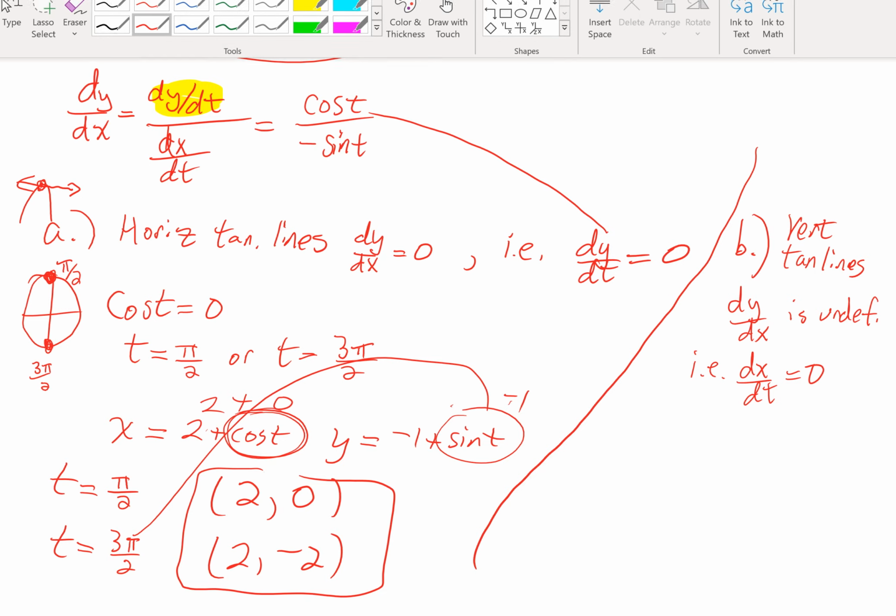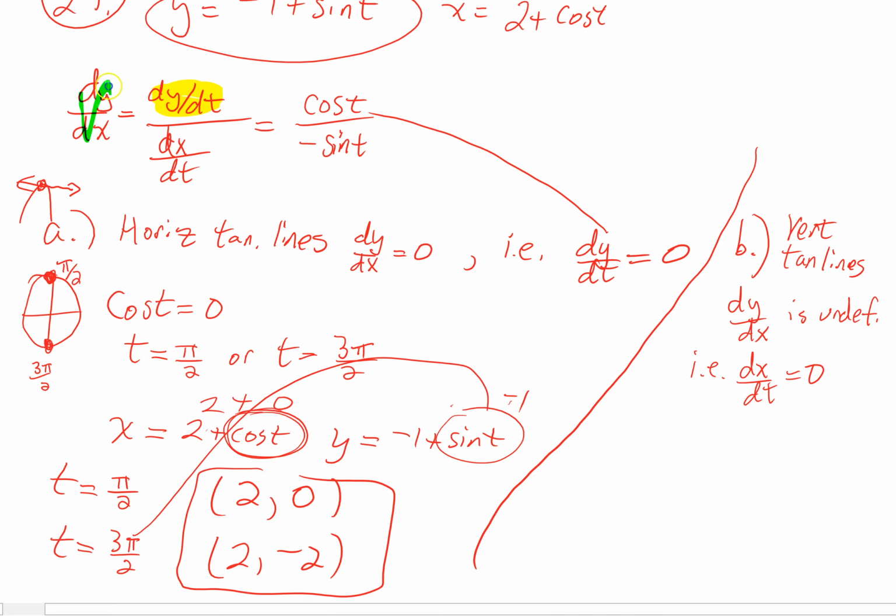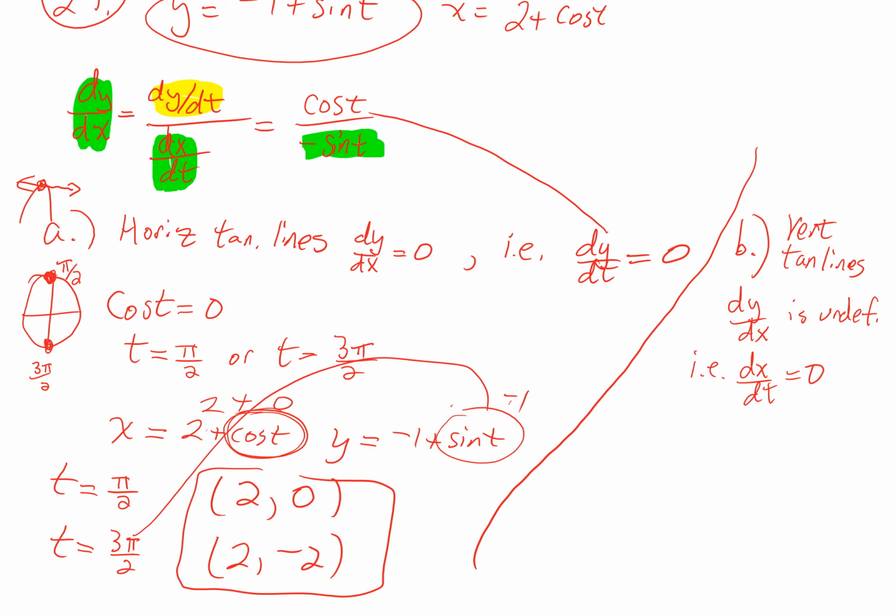And guys, just coming back up here to dy/dx, what makes a fraction not exist? What would you have to type in when you'd get an error message on the calculator? Well, you'd have your denominator equaling 0. You're saying negative sine of t would equal 0.